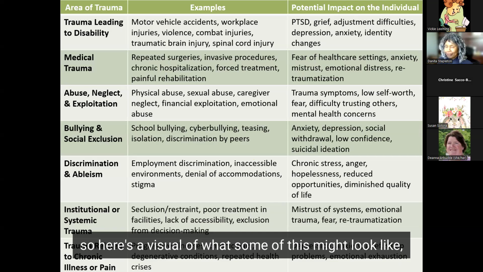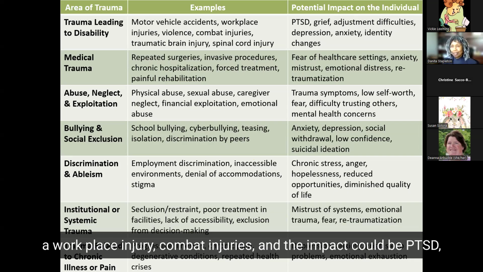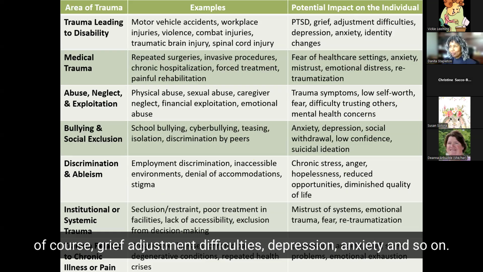Area of trauma: trauma leading to disability. For example, it might be a motor vehicle accident, a workplace injury, or combat injuries, and the impact could be PTSD, of course, grief, adjustment difficulties, depression, anxiety, and so on.